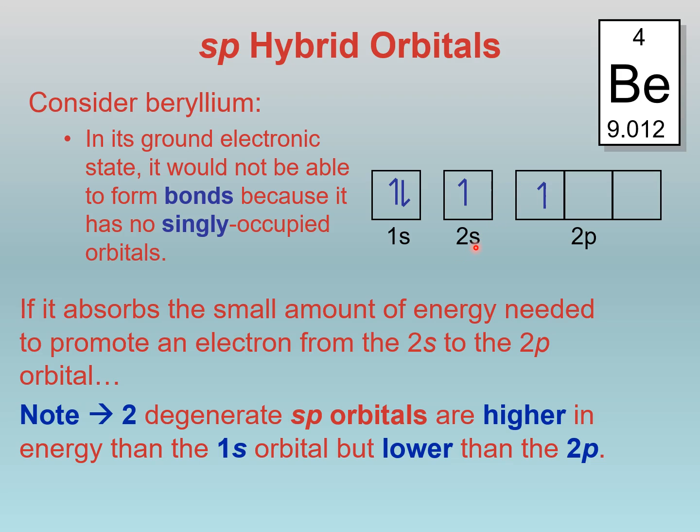Remember, s orbitals are sphere-shaped. P orbitals are what I call peanut-shaped. You've got a mix of those in between that has more energy than over here, but less energy than over here. And since you have 1 electron and 2 electrons, they're calling that 2 degenerate sp orbitals, sp being the mix between an s and a p.